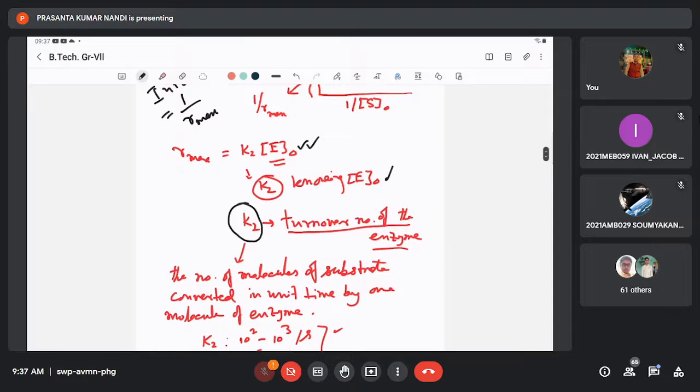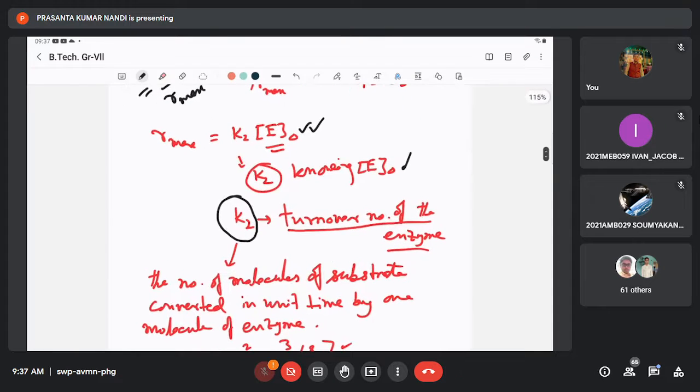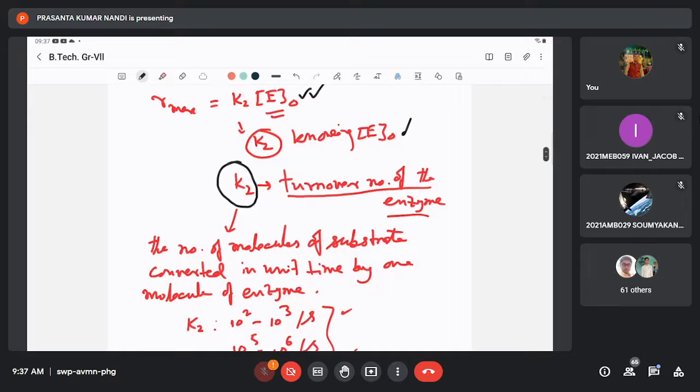What is turnover number? It denotes the number of molecules of substrate converted or transformed in unit time by one molecule of enzyme. So naturally, you can expect what the physical significance of k2 is.